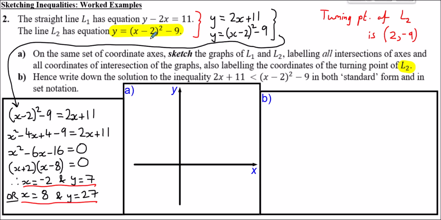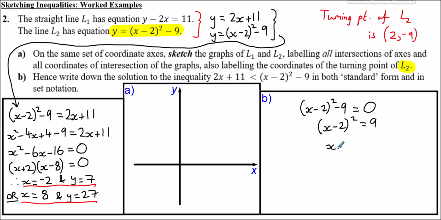We also need to think about where this parabola will intercept the axes. So what we can do here is think about when (x − 2)² − 9 is equal to 0. I'm just going to borrow some space in this part B box. So (x − 2)² − 9, set that equal to 0. Add 9 to both sides.